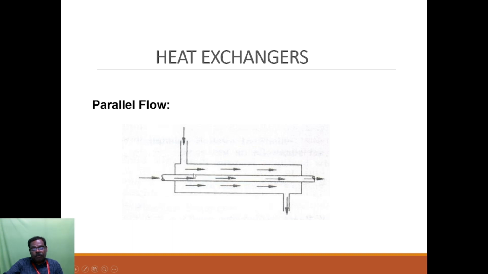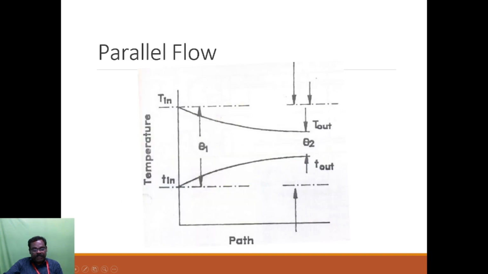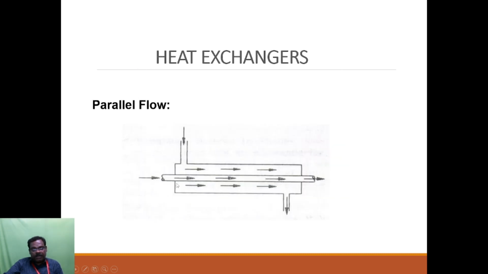What about the movement of the fluids? This is the hot fluid, this is the cold fluid. The direction of both fluids will be the same. The hot fluid moves left to right, and the cold fluid also moves left to right. So the direction of both fluids is the same, called parallel flow.